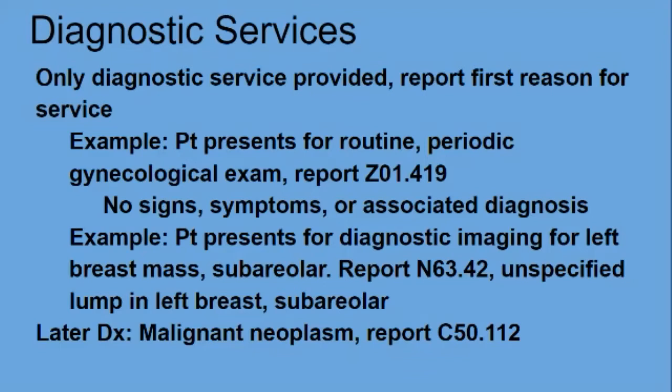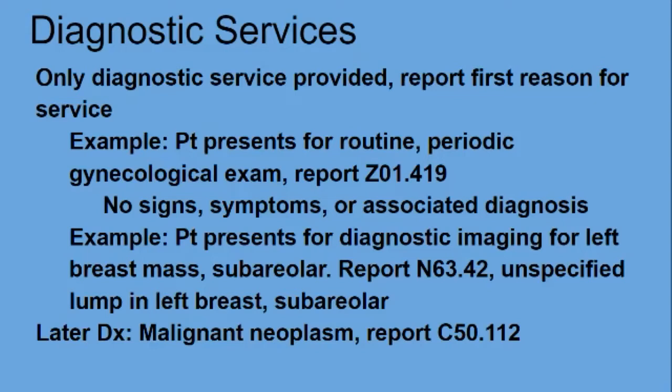Example, patient presents for diagnostic imaging for left breast mass, subareolar. Report N63.42, unspecified lump in the left breast, subareolar. Later, the diagnosis could be malignant neoplasm, and then you're going to report C50.112.